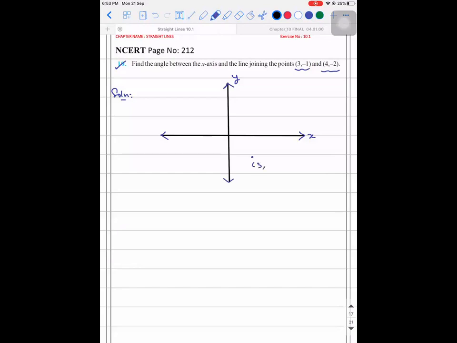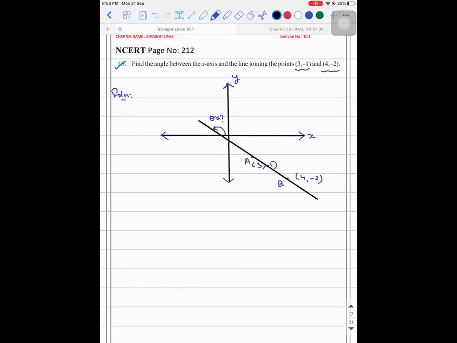So (3, -1) and (4, -2) are also in the same quadrant, right? (4, -2) will be here. So there is a line like this, and this line is making an angle with the x-axis. This theta is what we need to find.